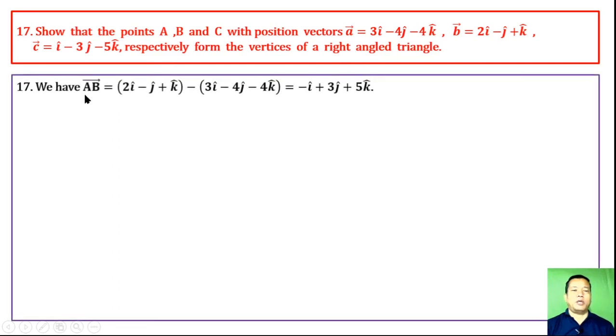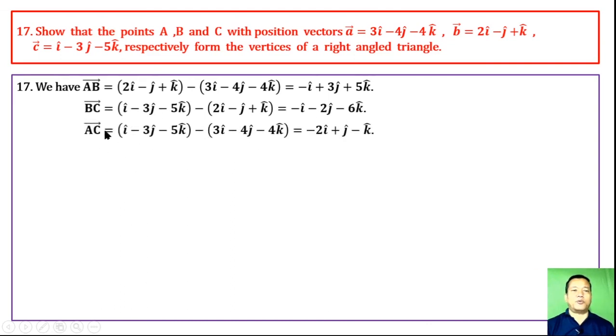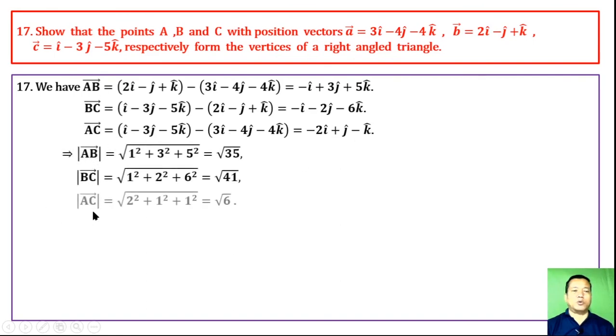We have AB vector, which is the position vector of B minus the position vector of A, we get this. Similarly, BC is the position vector of C minus the position vector of B, we get this. AC is the position vector of C minus the position vector of A, we get this. Therefore, taking the magnitudes, we get this.